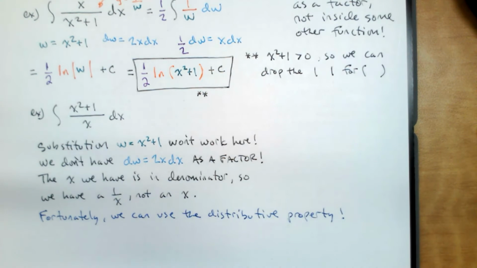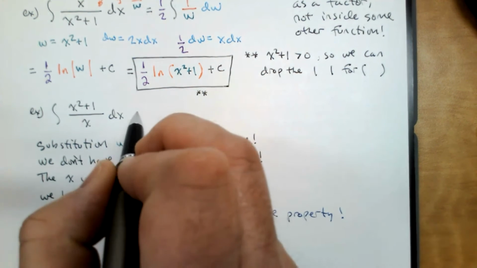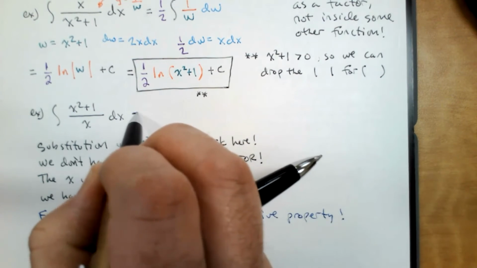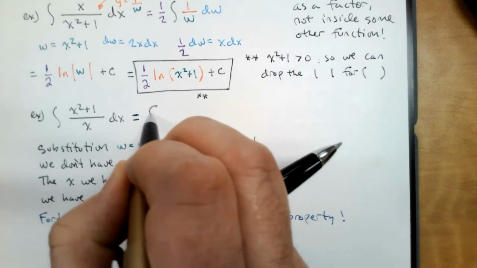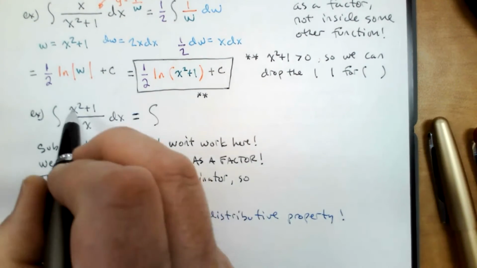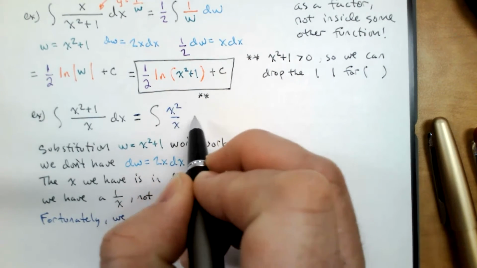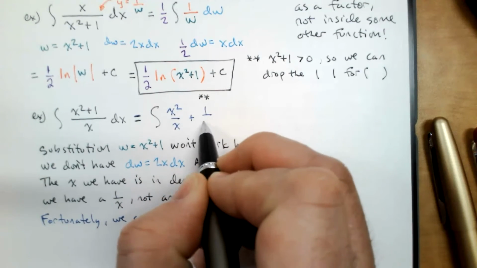So in this problem, we can use the distributive property instead to rewrite our integral of x squared over x as x squared over x plus 1 over x.